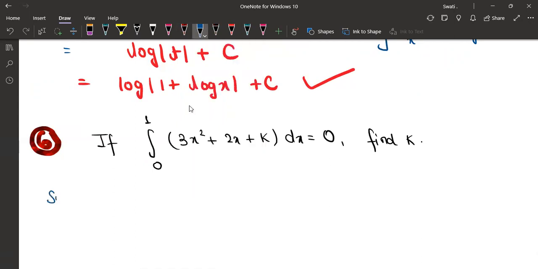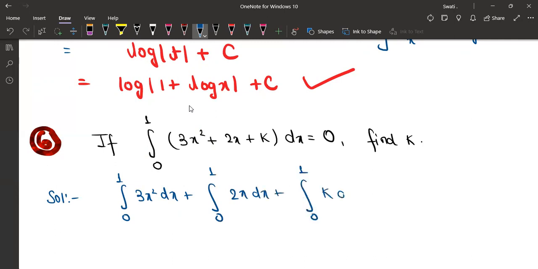There is one rule that integration we can distribute. So using that property, first of all, this will become the integration of 0 to 1, 3x square dx, plus the integration of 0 to 1, 2x dx, plus the integration of 0 to 1, k dx is equal to 0.